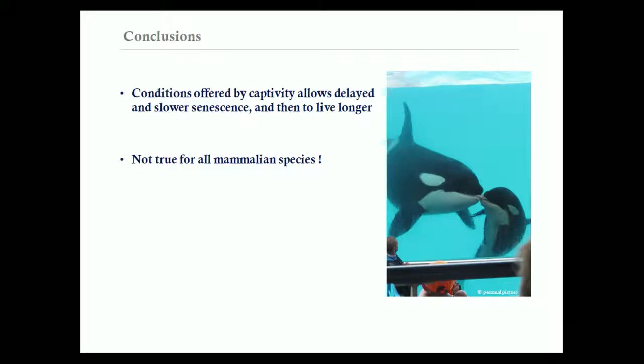To explain this result, the first explanation could be that long-lived species already have very low mortality rate in the wild, so it's maybe not possible to decrease their mortality rate again in captivity.